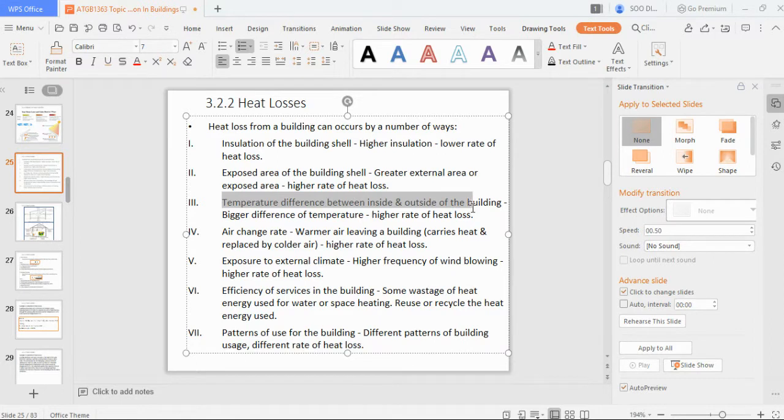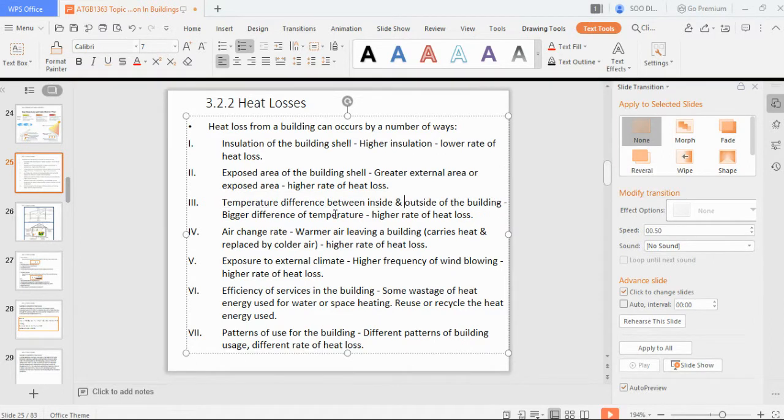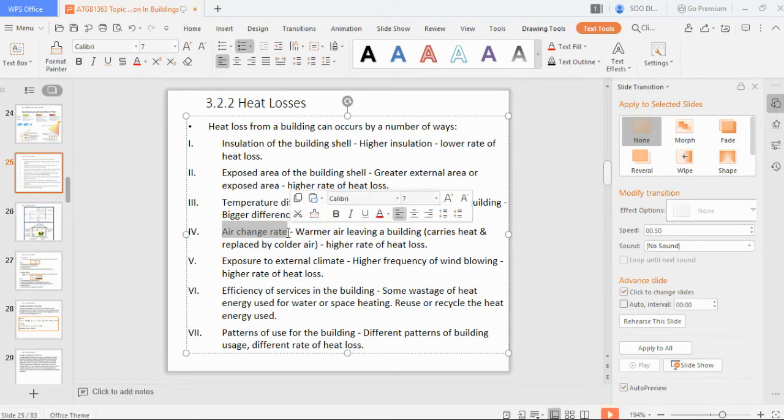Then the temperature difference inside and outside the building: if you have a bigger temperature difference, there will be higher losses. And air change, which is in terms of the ventilation of your building. The more warm air leaving a building, the higher the rate of heat loss.